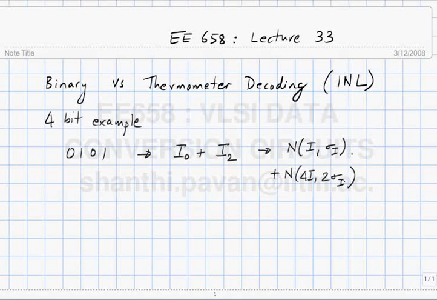All right. And these are two uncorrelated random variables. So what happens to the variance and mean? The result is that you have something with a mean 5I and a variance of 5 sigma I squared, and a standard deviation of root 5 times sigma I. So what is the INL?